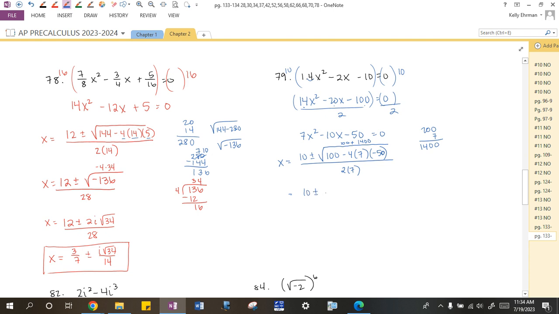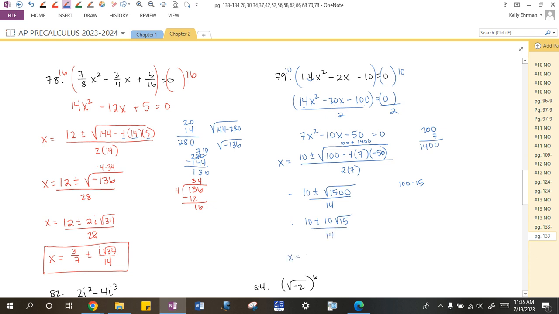10 plus or minus the square root of 1500 all over 14. Okay, now 1500 is 100 times 15. So 10 plus or minus, there's no i here because this is not negative. So 10 radical 15 over 14.